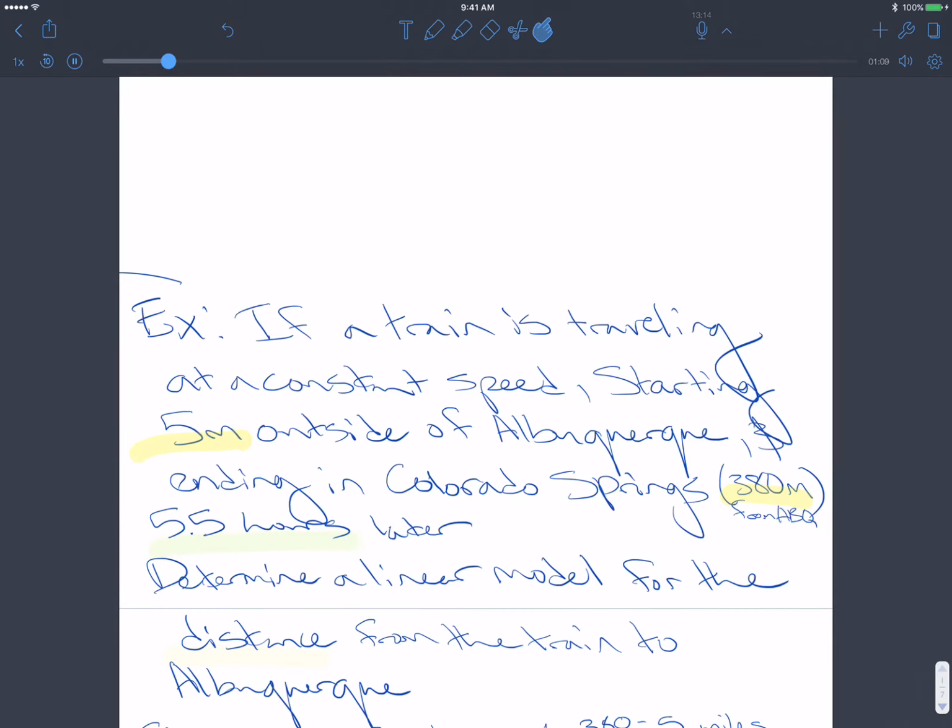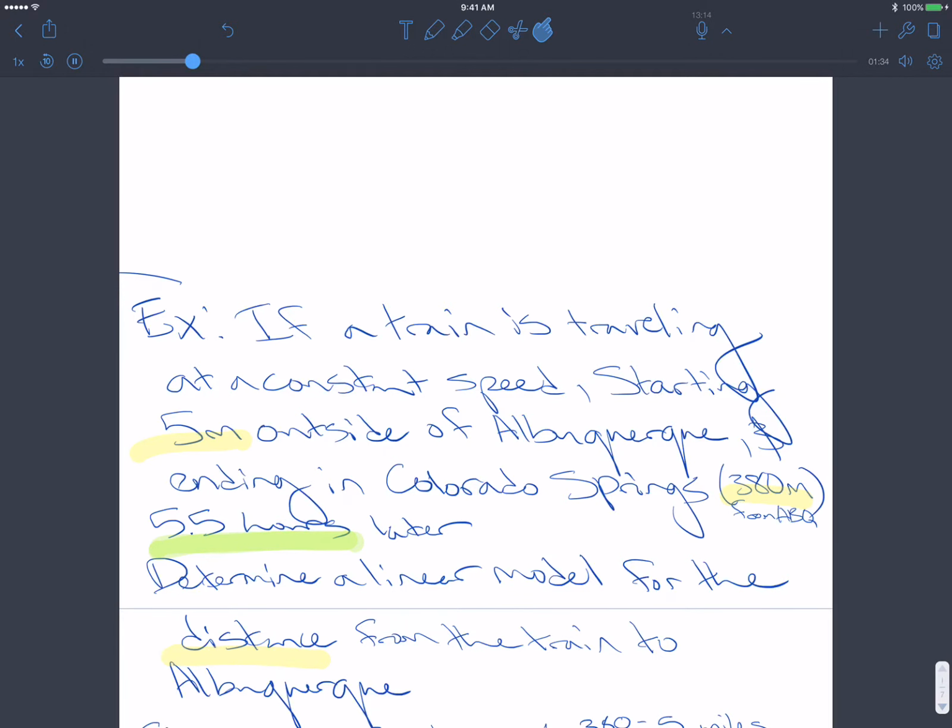So the changes in y values, or the change in the distance, because that's what we're trying to find a function of, right? Find a linear model for the distance from the train to Albuquerque. So that's our output. Thus, the only other thing we have is time, and so that'll be our input, right? That's where the hours comes from, is time.